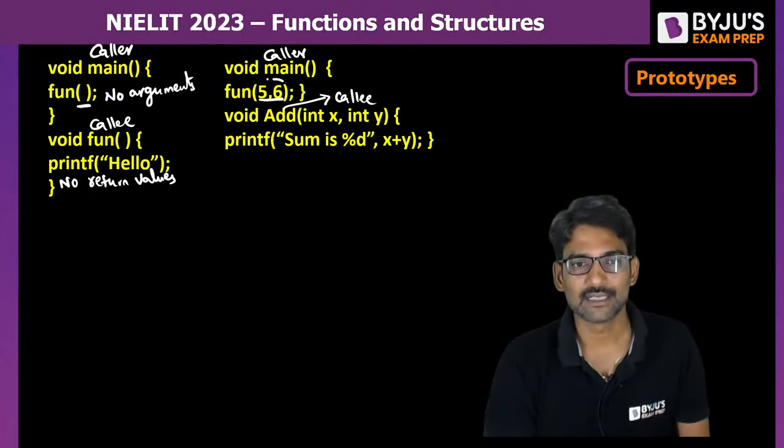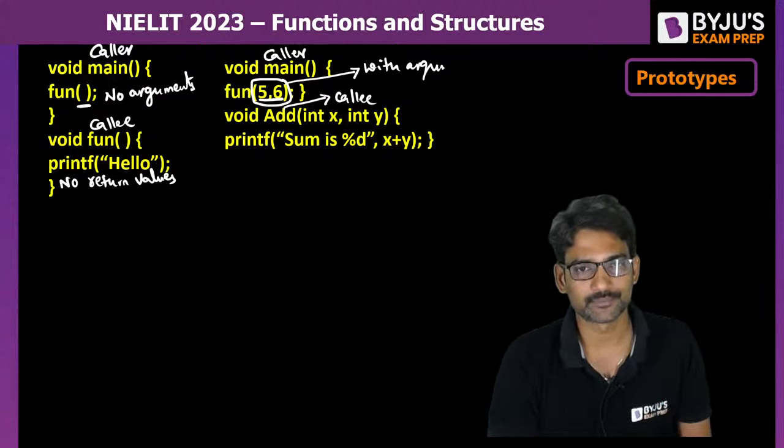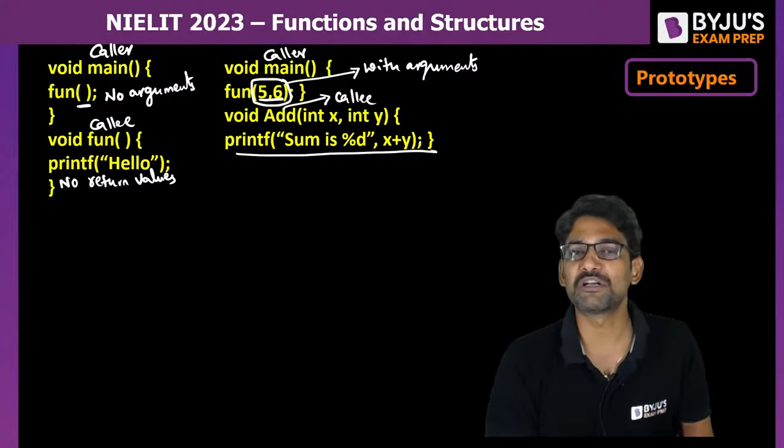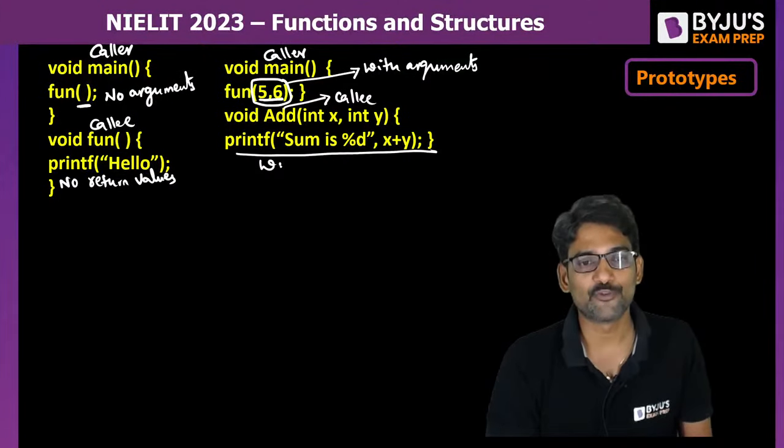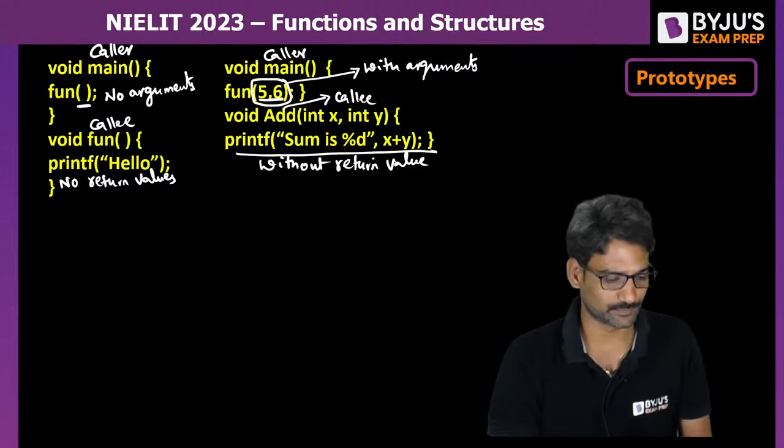That means this is the prototype of function with argument. And if you look at the callee function, there is no return statement. So without return value. So this is function with argument, without return value.